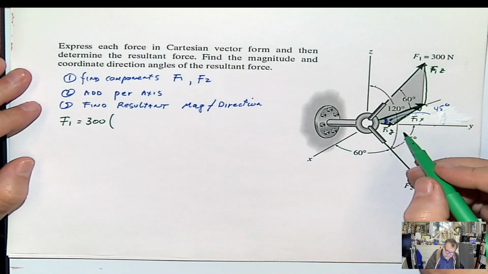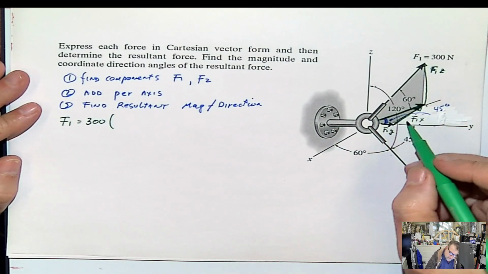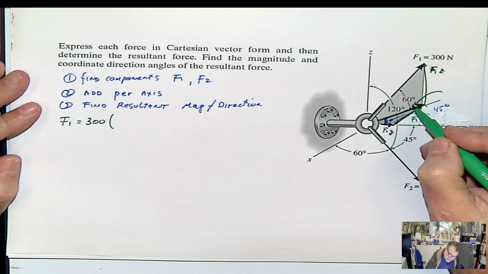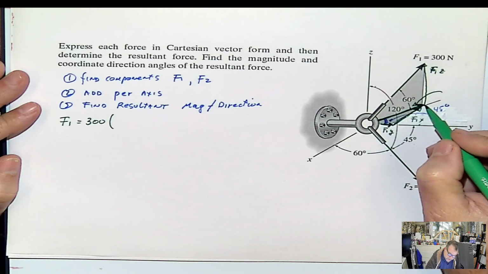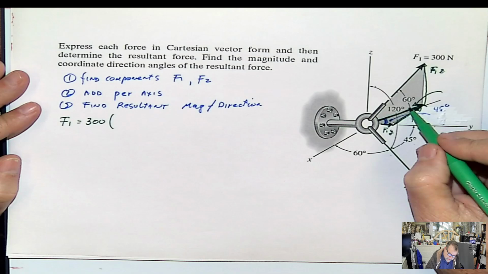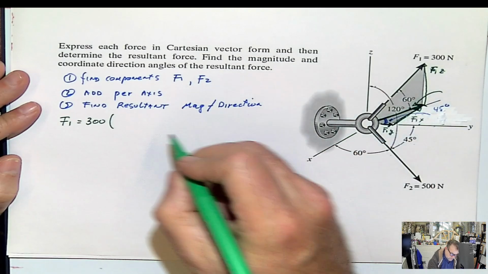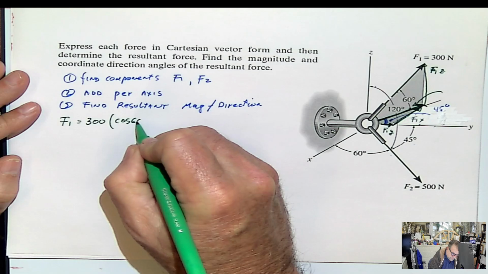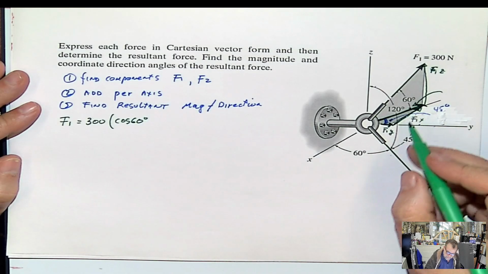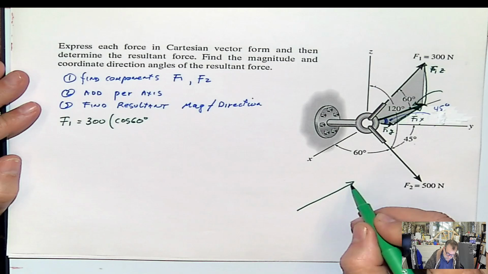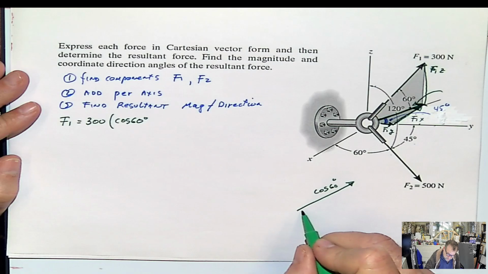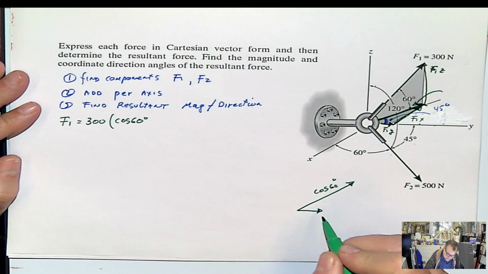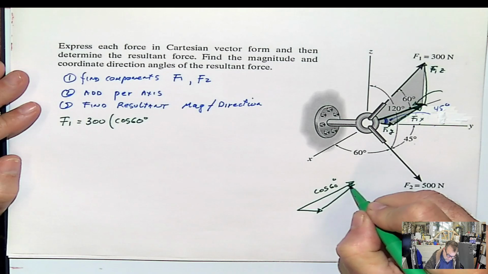But then if I'm going to find x, which is this one, the first intermediate step is finding that line, that projection. And that projection is just cosine of this angle, 60 here. Cosine 60. Once I have that cosine 60 here as direction, I have this other one, and I have this other one.